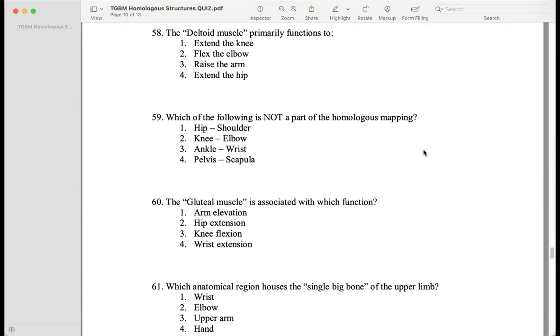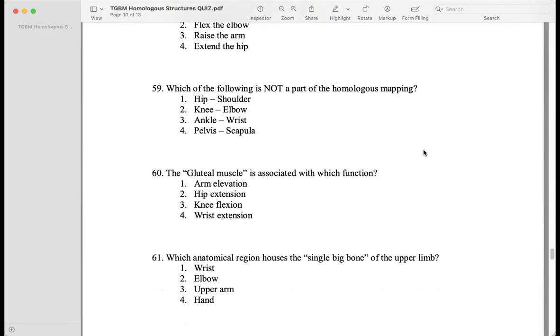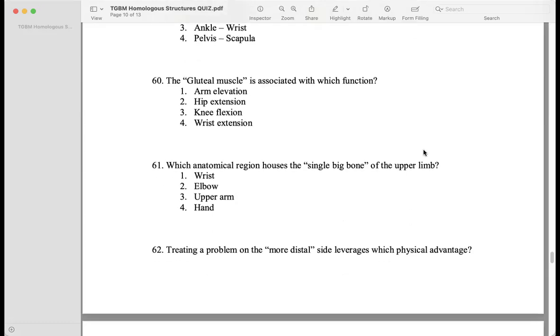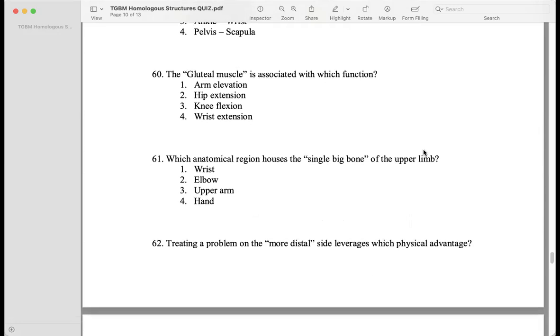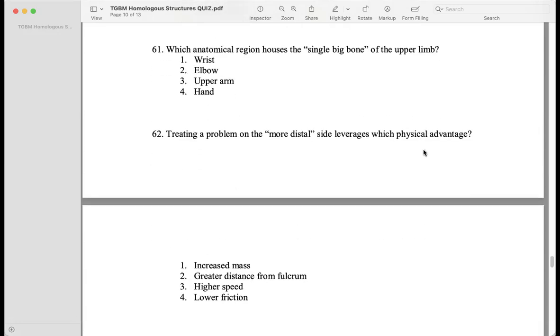Which of the following is not a part of the homologous mapping? The pelvis, scapula. The gluteal muscle is associated with which function? Hip extension. Which anatomical region houses a single big bone of the upper limb? Upper arm.